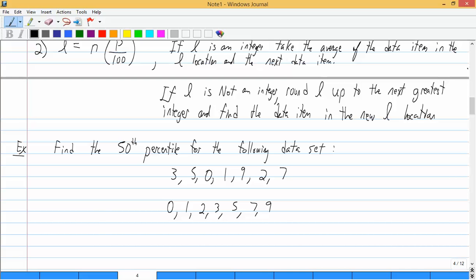Now, if we want to find the 50th percentile, the location is going to be equal to n times p over 100. So the location is going to be 7, because that's how many data items we have, times 50 over 100.